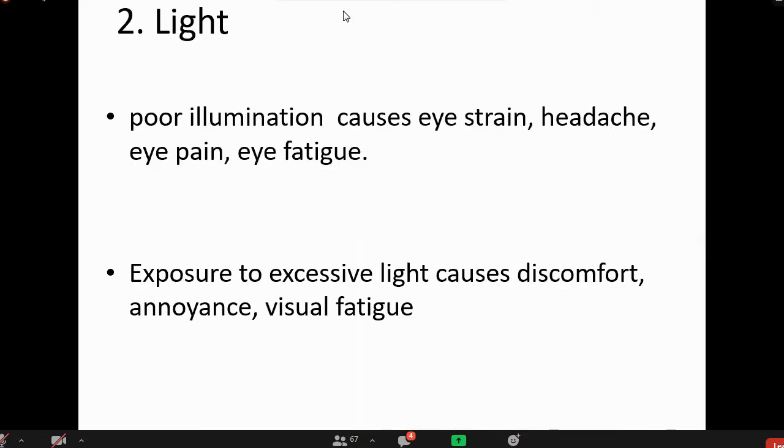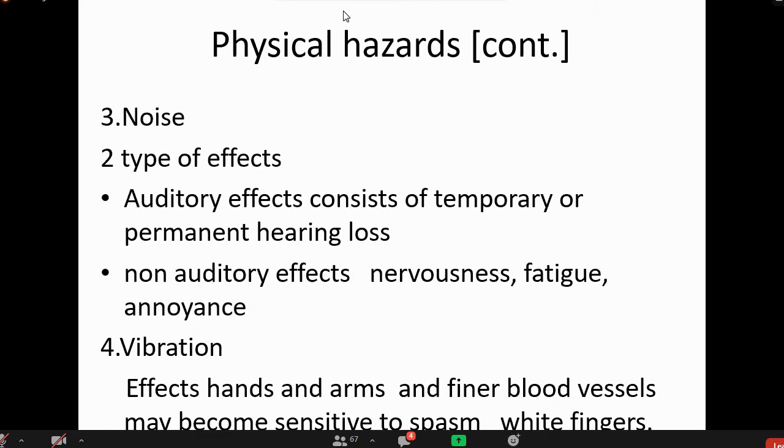Light: poor illumination can cause eye strain, headache, eye pain, and eye fatigue. Whereas exposure to excessive light can also cause discomfort, annoyance, and visual fatigue. When we talk about noise, there could be auditory and non-auditory effects. The auditory, of course, is that you will have temporary or permanent hearing loss.